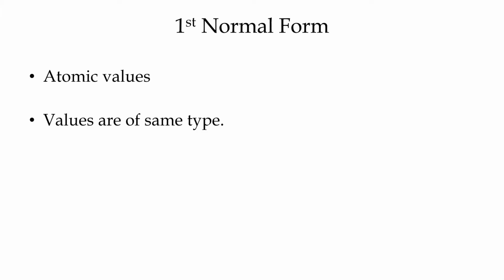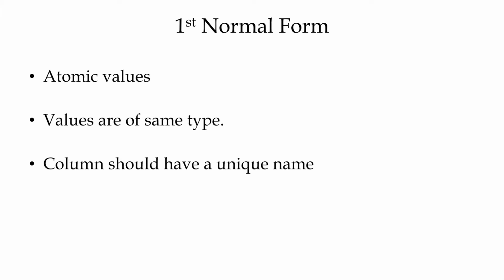First normal form. A table is said to be in first normal form if it satisfies certain conditions. First, all the values in the table must be atomic, that is, no multiple entries of data should be there. Second, the values of a particular column should be of the same type.